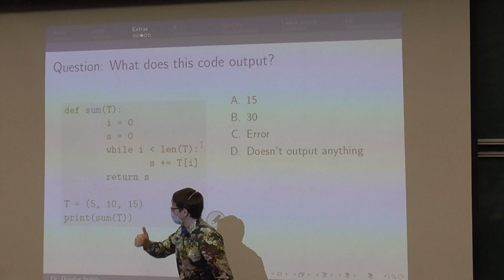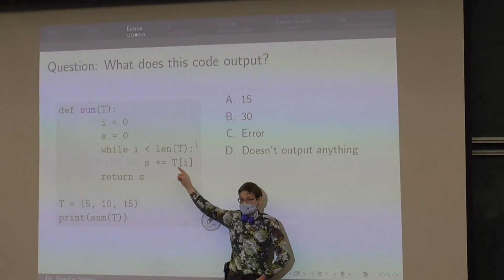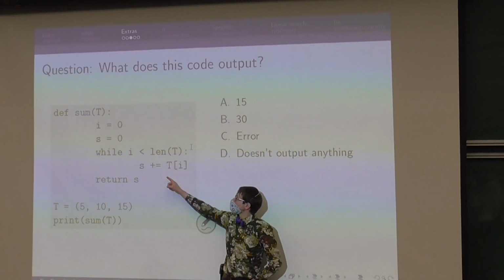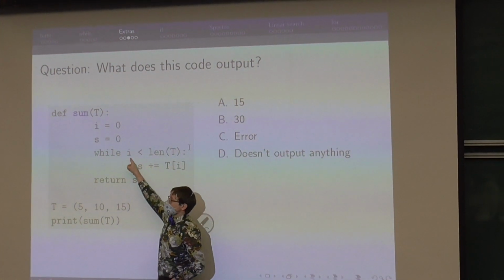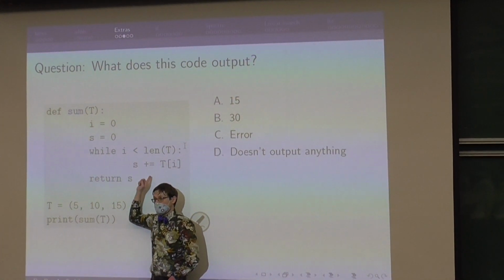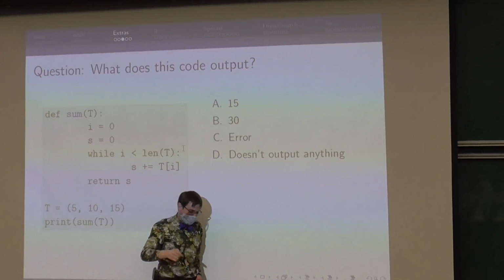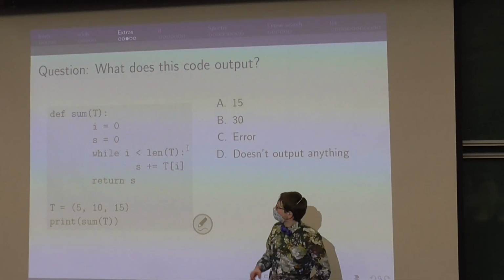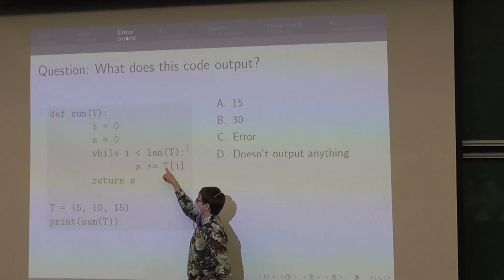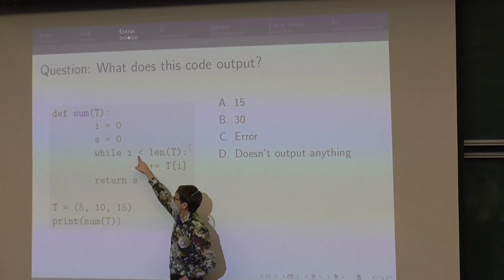So this algorithm is missing a crucial step, right? i is not being modified. Because i is not being modified by this loop, if you were to run this thing, it'd be like, is i less than 3? Yes, do this. Is 0 less than 3? Yes, do this. Is 0 less than 3?